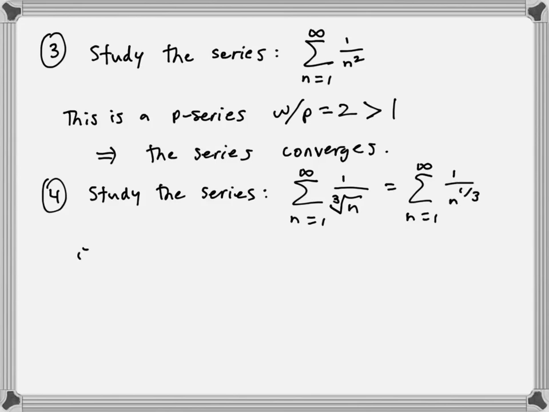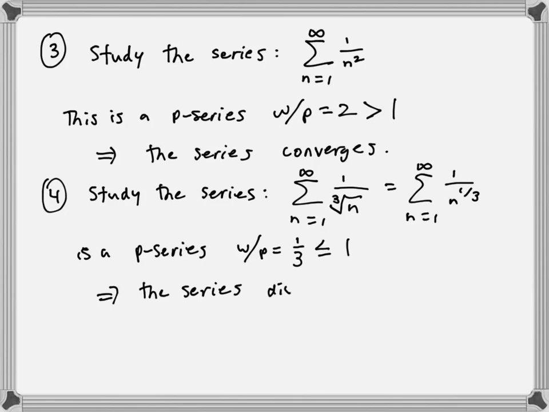So this guy is a p-series with p equal to 1/3, which is less than or equal to 1. This means the series diverges. Okay?